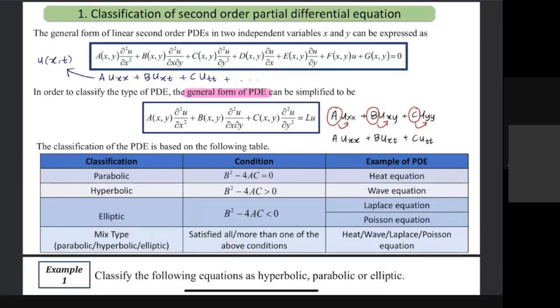If you substitute and get less than 0, then the equation is elliptic. Sometimes, for the same equation, you can have these three types, mixed type. It depends on the equation.